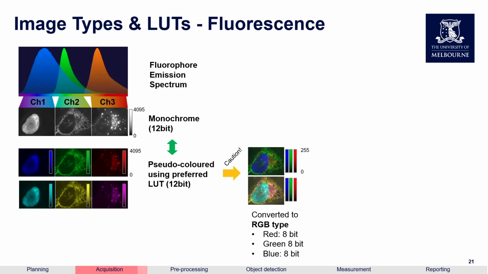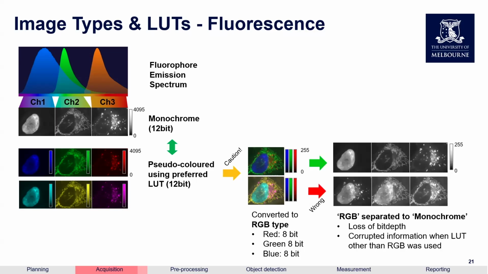So the RGB image type stores the color as 3 separate channels, red, green, and blue, but each at only 8 bits, which means it's compressing the information from 4096 down to just 256 intensity levels.